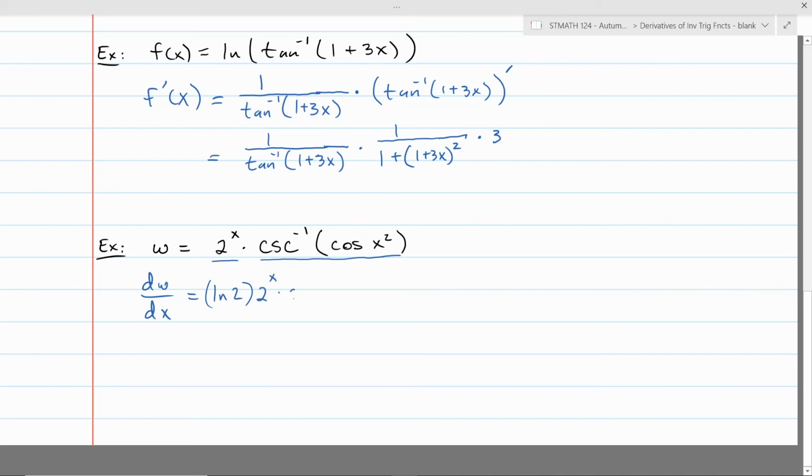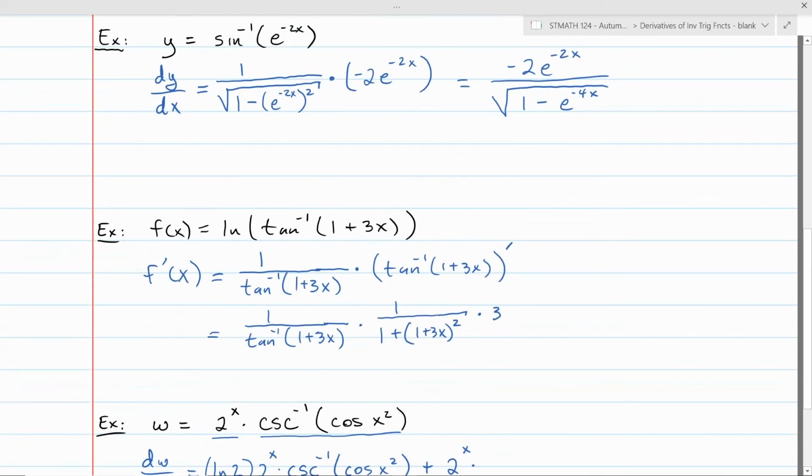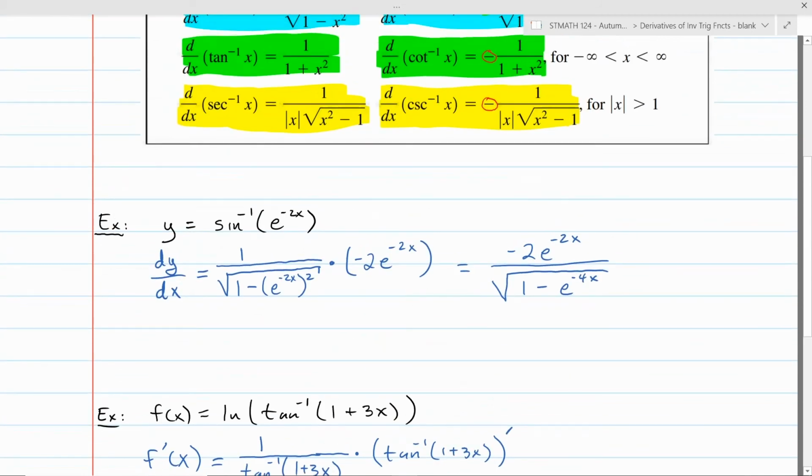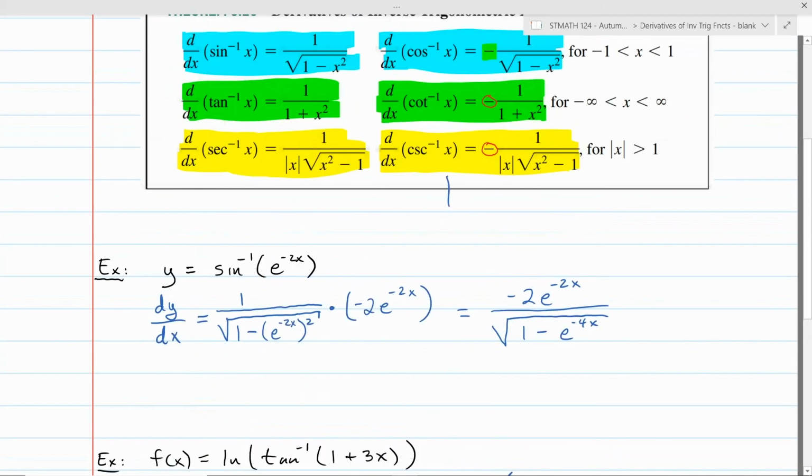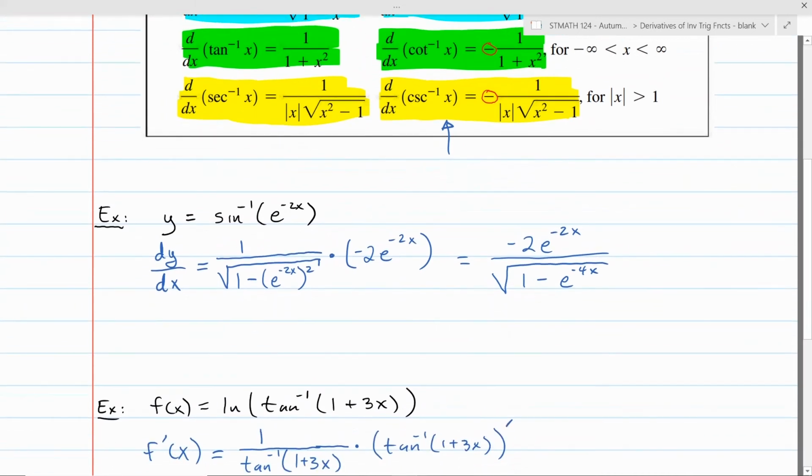Then I'm going to leave that cosecant inverse of cosine x squared alone, plus, then I'm going to leave the 2 to the x alone. And now I'm going to take the derivative of the cosecant inverse. Well, let me remind myself what the derivative formula for cosecant inverse is. That's this one here. So I got to do a negative, and then 1 over, and then I got to have an absolute value of whatever the inside is, and then square root of the inside squared minus 1.